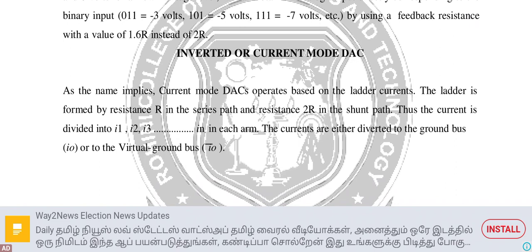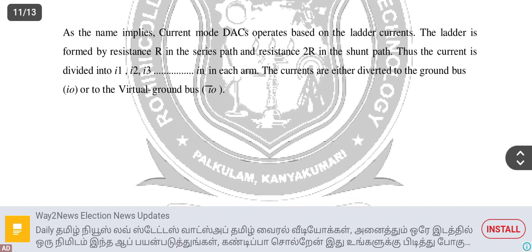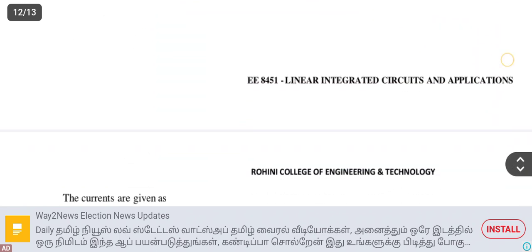As the name implies, current mode DAC operates based on the ladder currents. The ladder is formed by resistance R in the series path and resistance 2R in the shunt path. Thus the current is divided into I1, I2, I3, and each of the currents is either diverted to the ground bus or to the virtual ground bus.